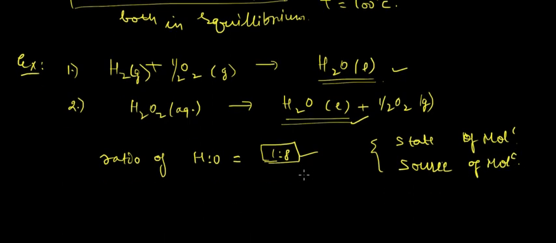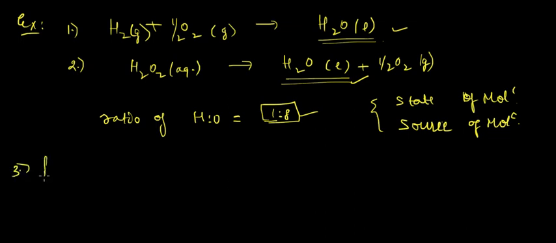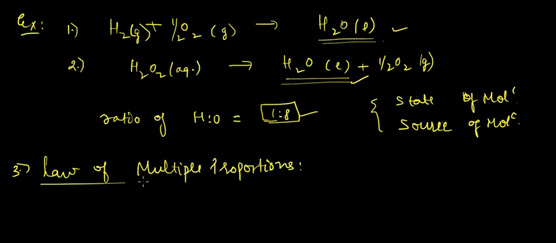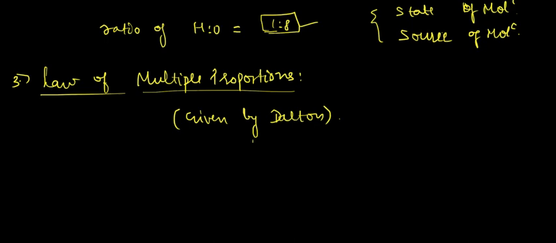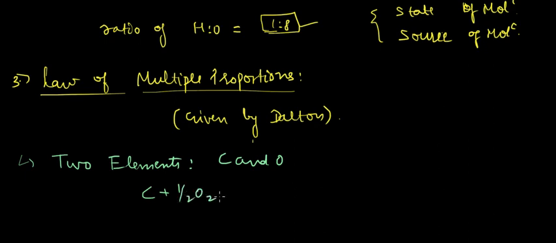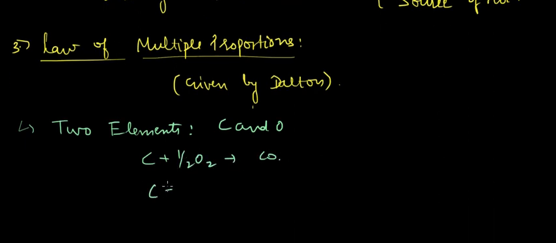Okay, next let's see the law of multiple proportions. This was given by Dalton. Let's say we have two elements, carbon and oxygen. Carbon plus half oxygen combines to form carbon monoxide, and carbon plus full oxygen combines to form carbon dioxide.